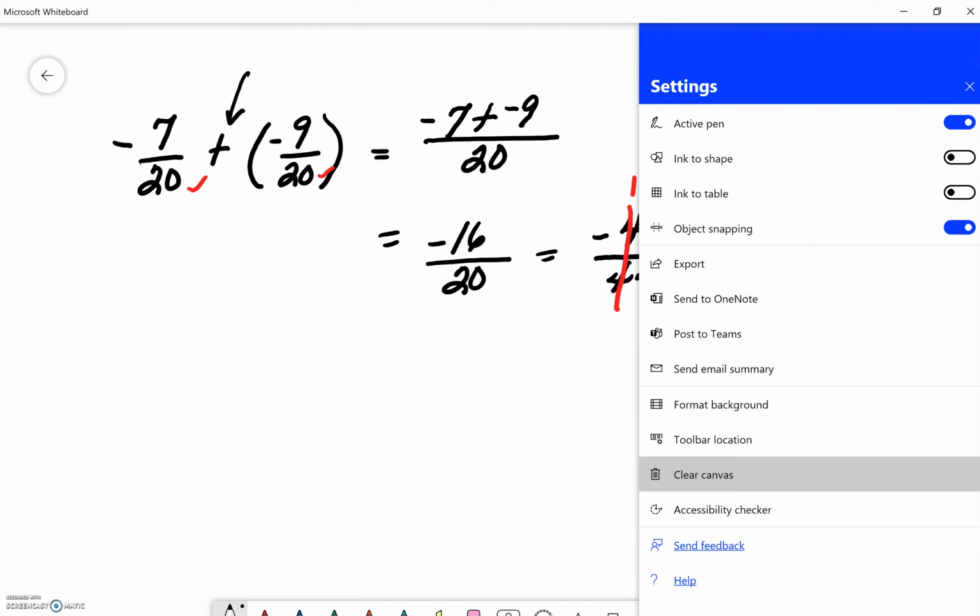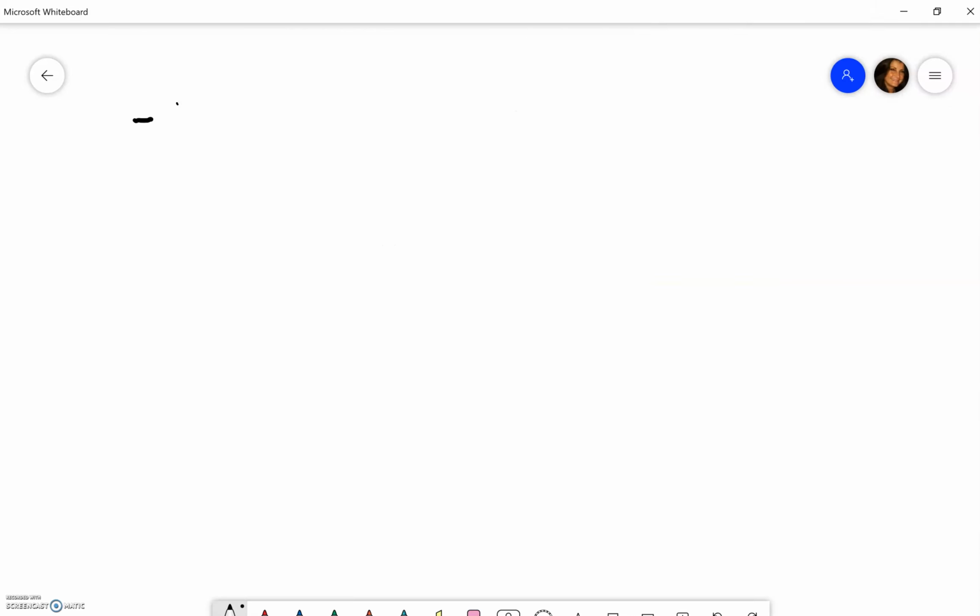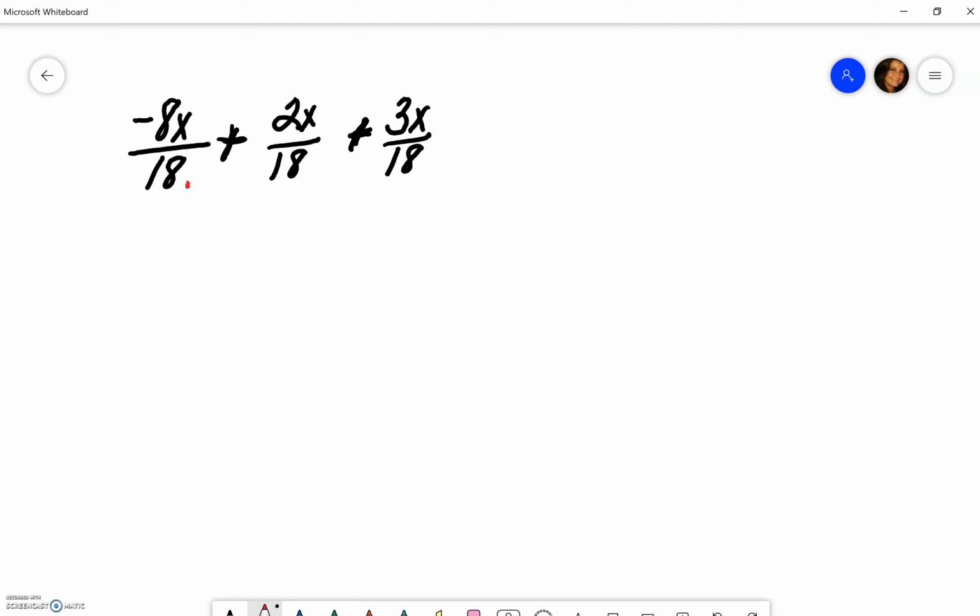Let's try number 4. So number 4 is -8x over 18 added to 2x over 18 plus 3x over 18. So we can see we're adding fractions. So we've got to ask the question, are the denominators the same? All 3 of them are. So let's just go ahead and rewrite it.